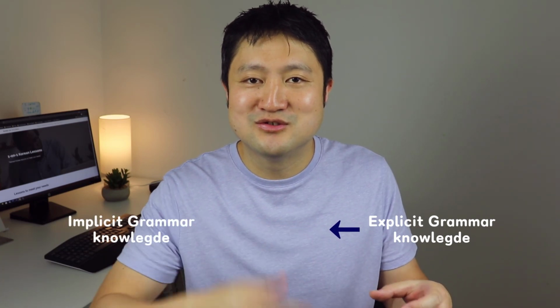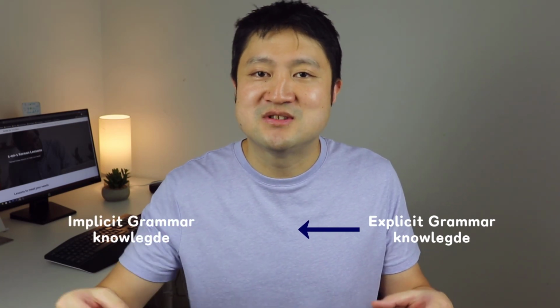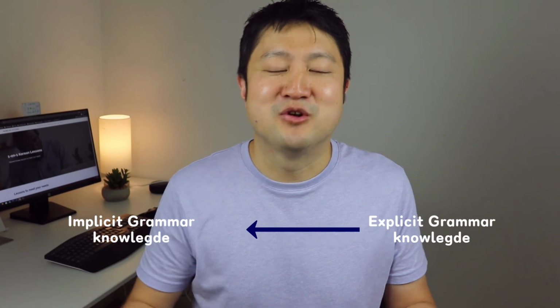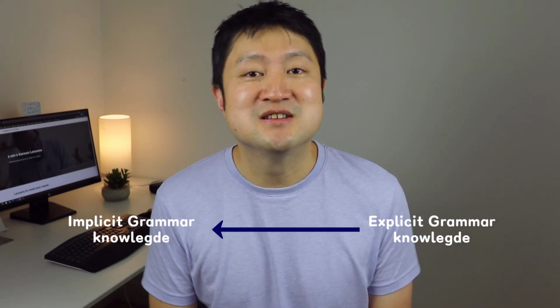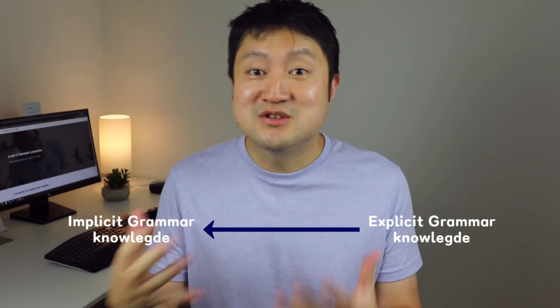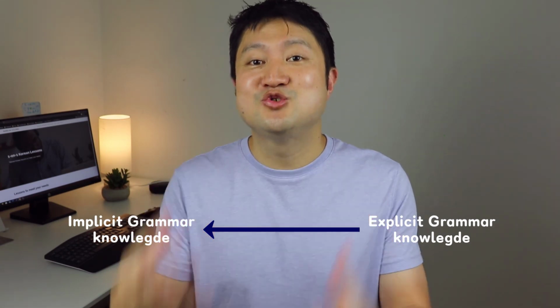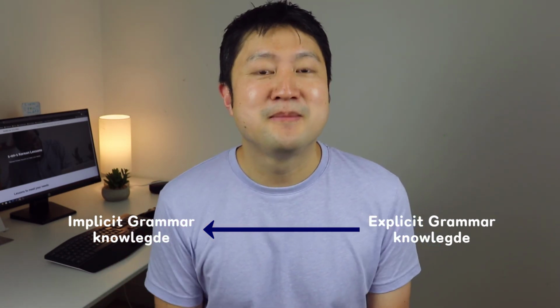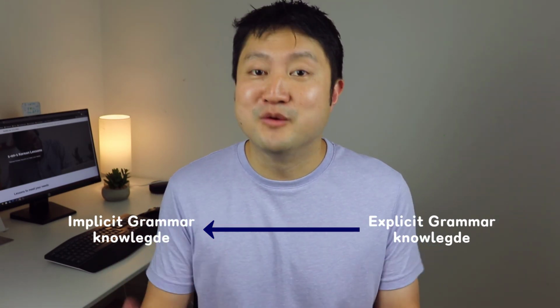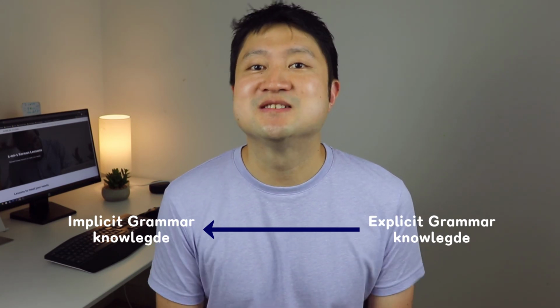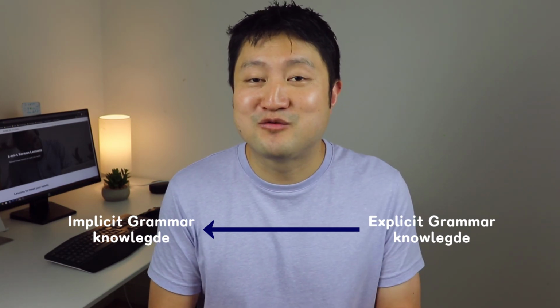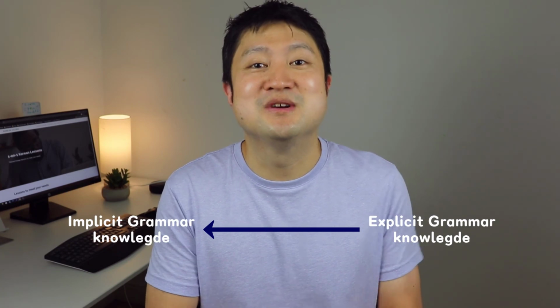But then somehow, once you have formed that explicit grammar knowledge, we want to continue to do things and get to a stage where it becomes implicit grammar knowledge, almost a native-like grammar knowledge, so that you are able to use that grammar knowledge without too much processing time, so that you become more fluent in using that language. So the big question is, how do we go from explicit grammar knowledge to implicit grammar knowledge?